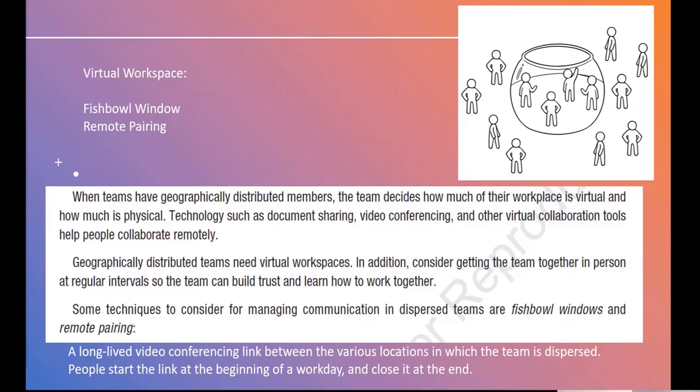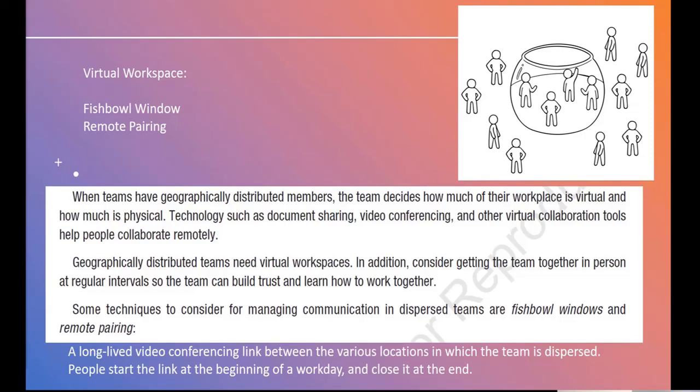For example, when India's people finish their schedule, they need to hand over the work to the USA group, so probably they have some kind of overlapping shift so that they can transfer the work.